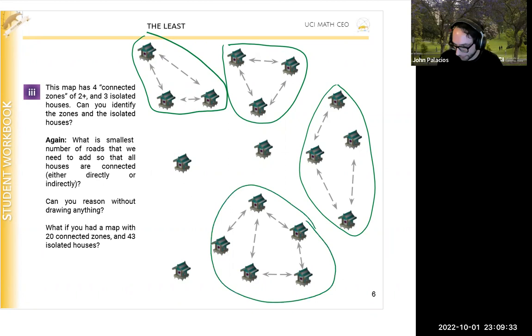You want to identify the neighborhoods and then maybe identify the isolated houses in some way. Okay, so the map has 1, 2, 3, 4 zones and 1, 2, 3 isolated houses. And you can have them draw the neighborhoods and the isolated houses.